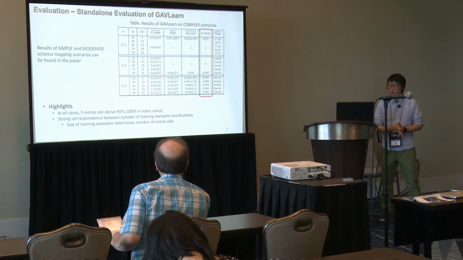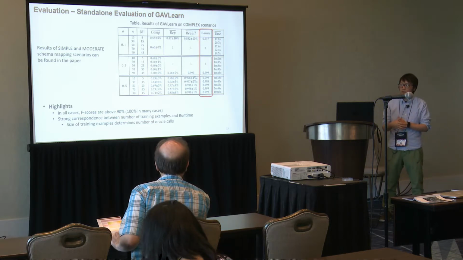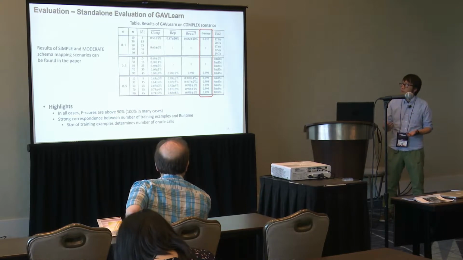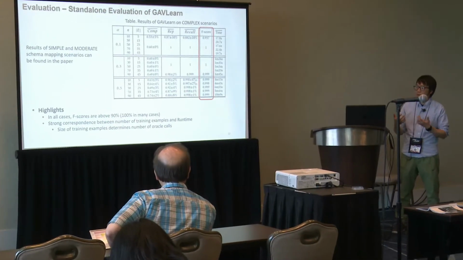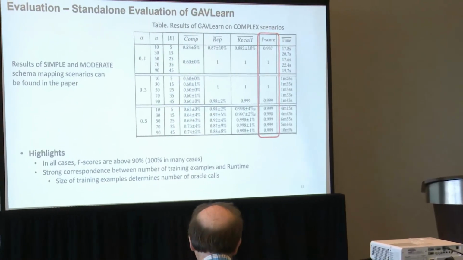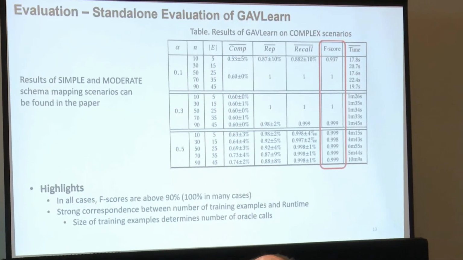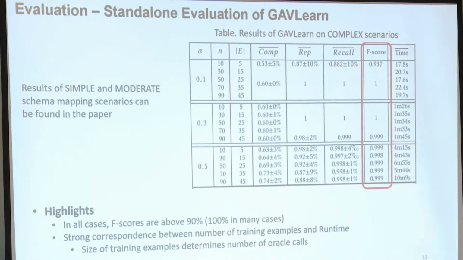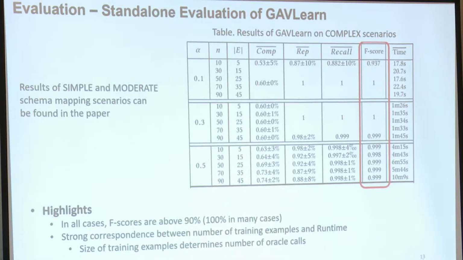So first, this is a standalone evaluation of GAV-learn, and the table shows the results of running GAV-learn on complex scenarios. Here we highlight the F-score results. As you can see, the F-score of the mappings returned by our algorithm is very high. In all cases, the F-score is above 90%. In many cases, it's even 1 or near 100%.